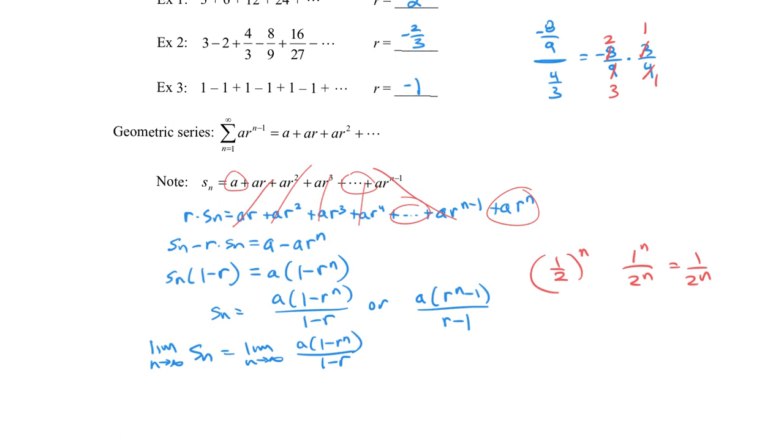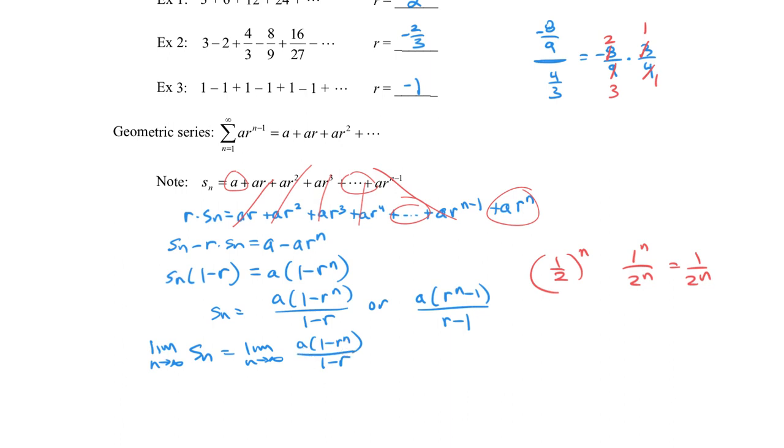So if we had a number like 1/2, or basically a number less than 1, it would work for any number less than 1, right? If you raise a number less than 1 to a power, it gets smaller. So this thing would go to 0. If R were less than 1 and I take the limit, this goes to 0, so all I have left on top is A, right?